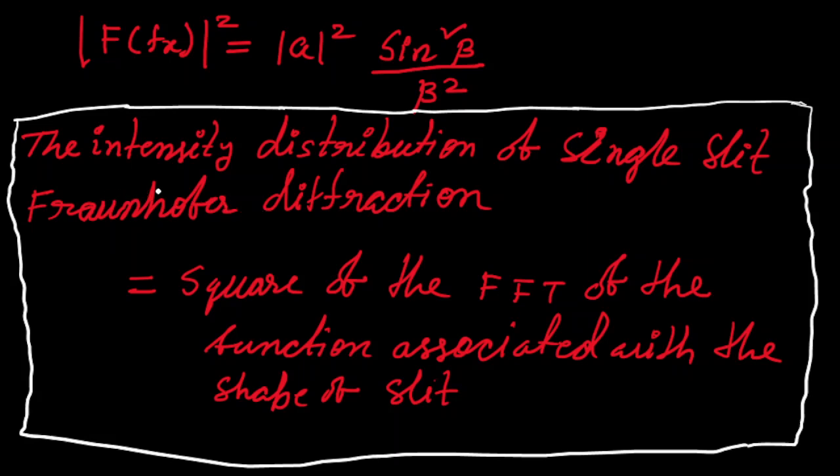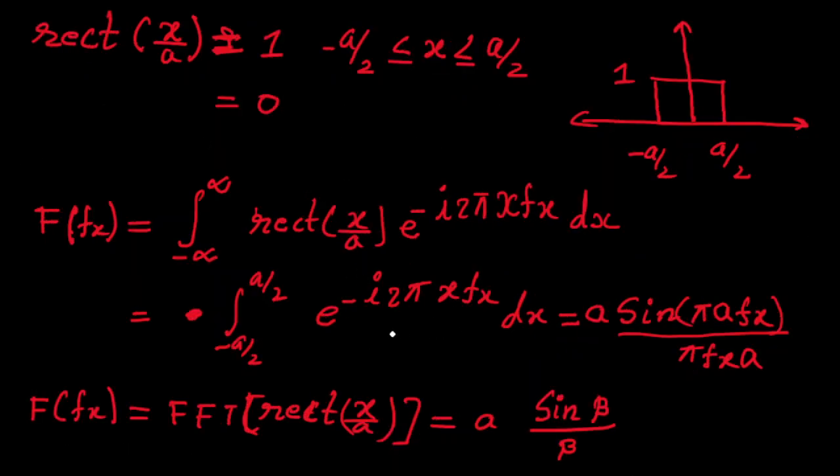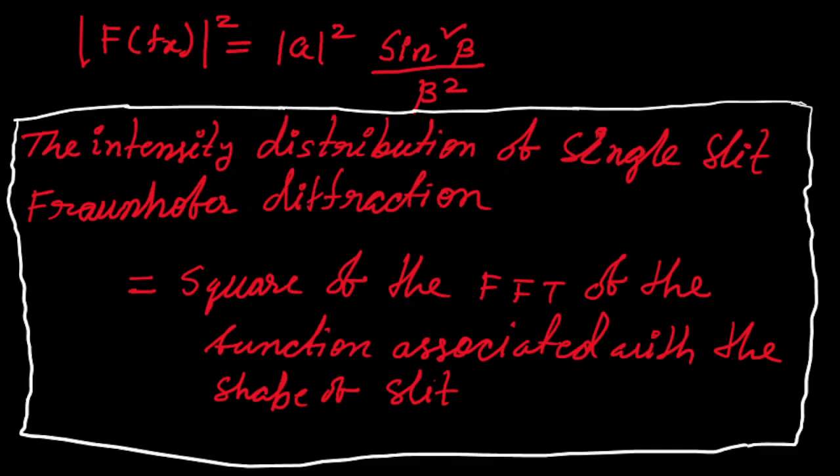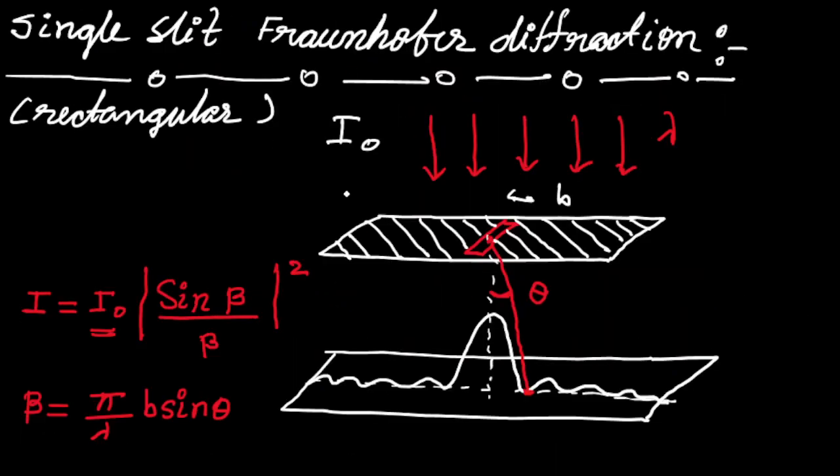The main concept is that the intensity distribution of a single slit Fraunhofer diffraction will be the square of the Fourier transform of the function associated with the shape of the slit. That we have also noticed here. We have a rectangular function, and when you take the Fourier transform and then the square of this Fourier transform, you exactly get the same expression as we get for a diffraction pattern for rectangular slits.